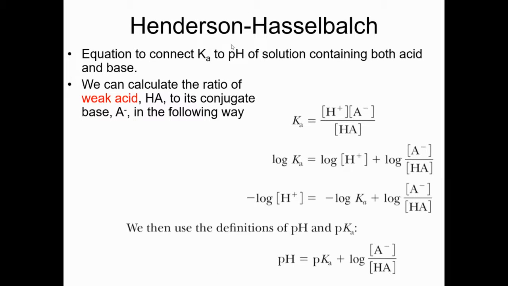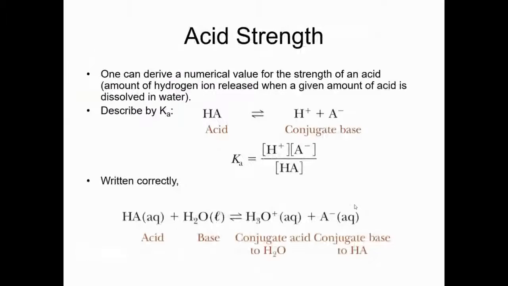And then the Henderson-Hasselbalch equation. That is pH equals pKa plus log of the conjugate base over the acid. Remember, an acid in solution dissociates: you have the hydrogen ion and the conjugate base. The reaction constant Ka will be the concentration of hydrogen multiplied by the concentration of the conjugate base, divided by the weak acid.